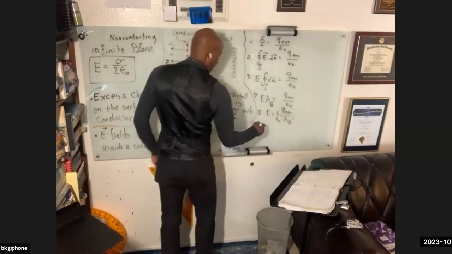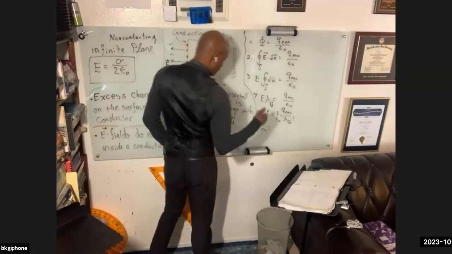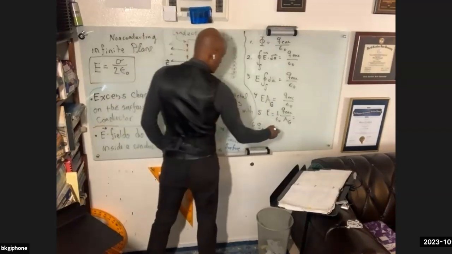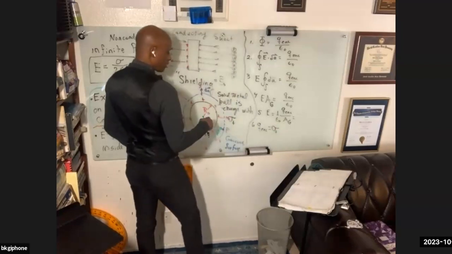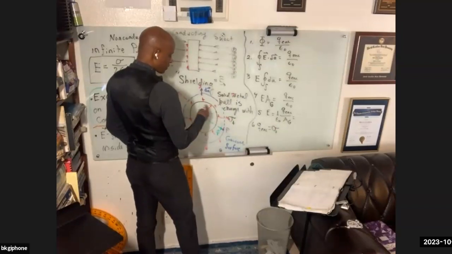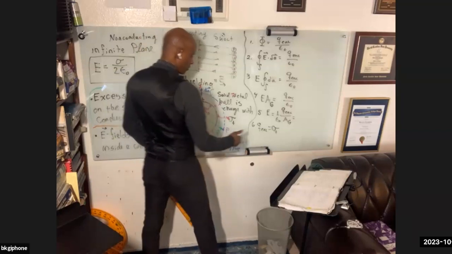Now the charge enclosed, by the definition of charge density, is just the charge density sigma plus times the area of the charge distribution, which is 4 pi R naught squared.